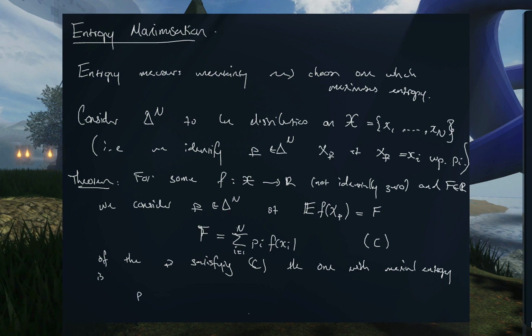So for each i from 1 to n, it's given as this, where Z is this thing.